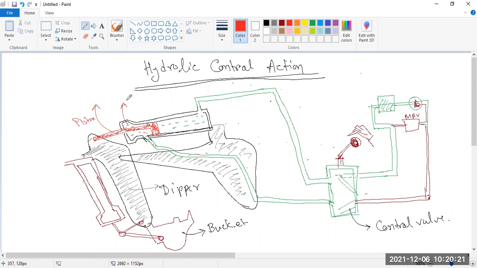This side is called the rod side, and this is called the head side.